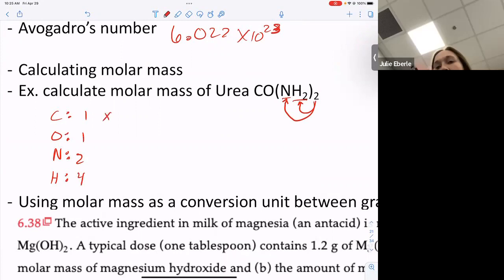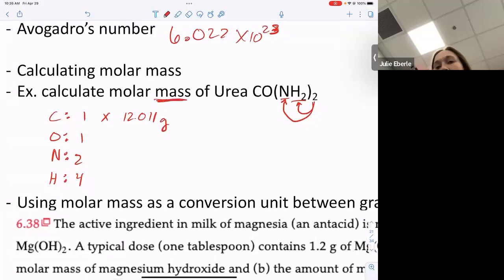So get the right numbers, and then you multiply by whatever its mass is on the periodic table. Carbon is 12.011. We're going to do this in grams because we're trying to calculate a molar mass, which is in units of grams. Oxygen would be 16. Nitrogen is like 14.001, I don't remember. And hydrogen is 1.01 if you round, okay?